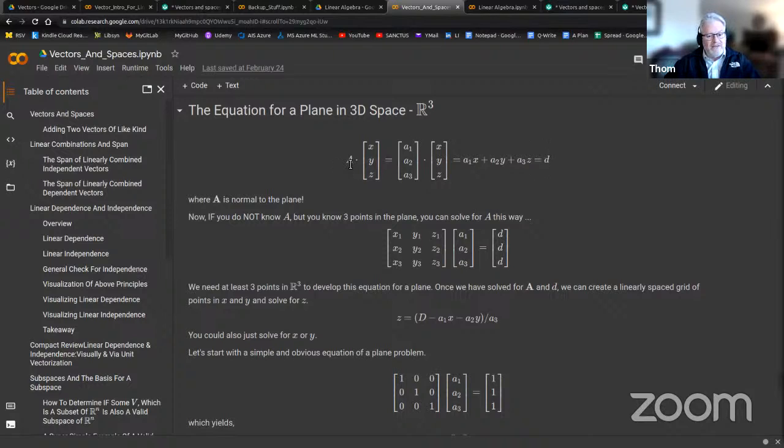Wow, I can define a plane or a subspace, and I can define an R to the n minus 1 subspace in any R to the n space. For any point in that space, I can define a subspace. And we're going to do some examples to make this more clear.